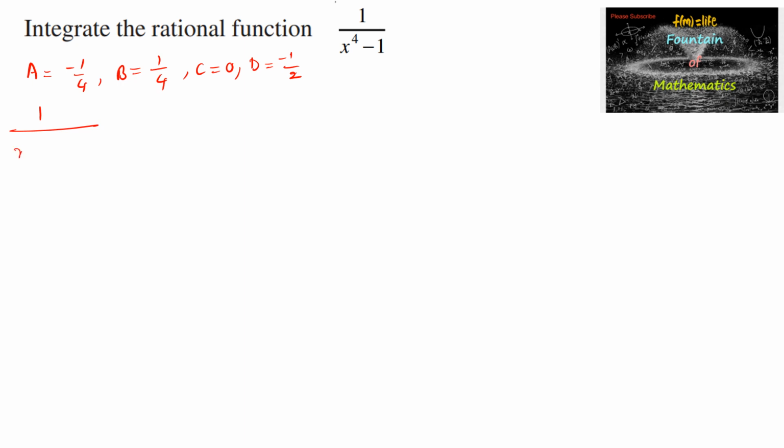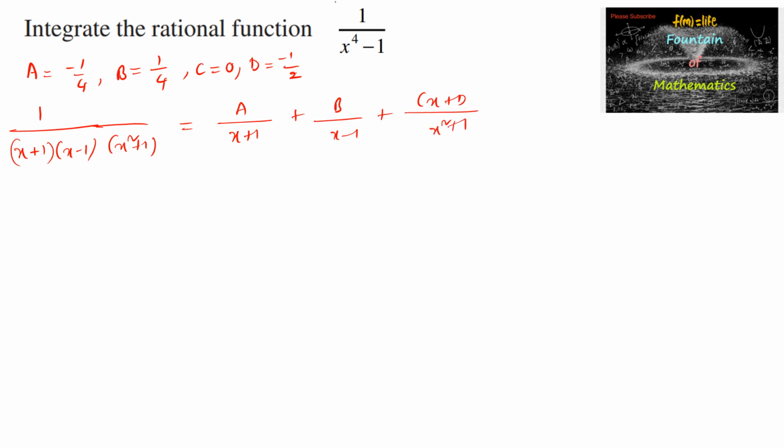And we can write here 1 upon x plus 1 into x minus 1 into x square plus 1 is equal to a upon x plus 1, plus b upon x minus 1 plus cx plus d upon x square plus 1.